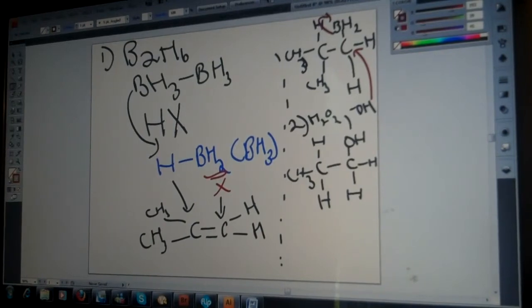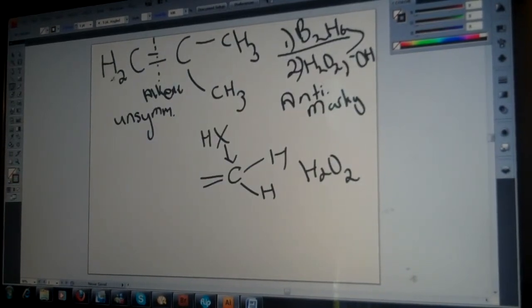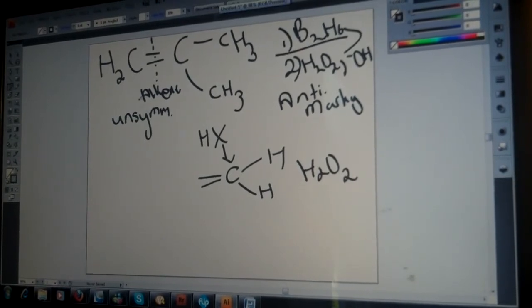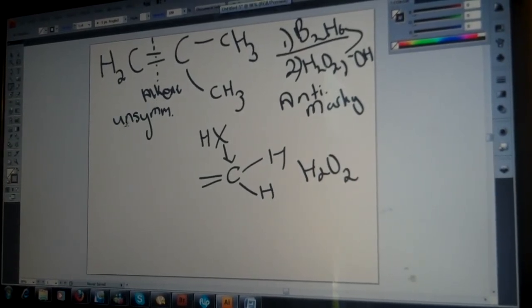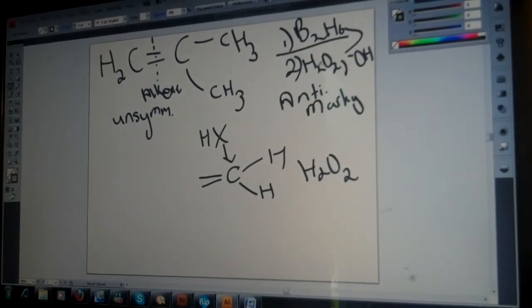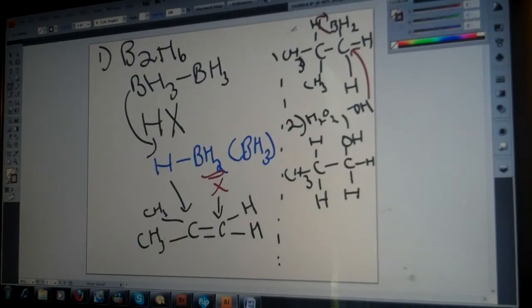So you would get the question looking like this: an alkene, CH2 double bond CH3. It won't look exactly like this. Of course you'll get another question, but it will be an unsymmetric alkene, and you would have B2H6 in the presence of hydrogen peroxide and hydroxy group, so just pay attention, and this is what occurs.